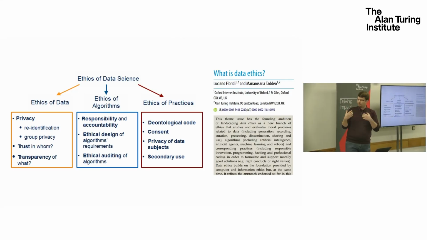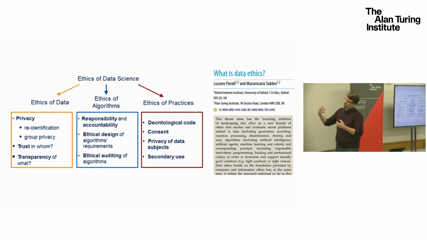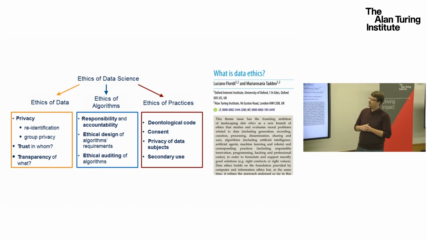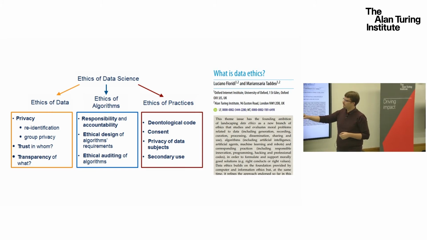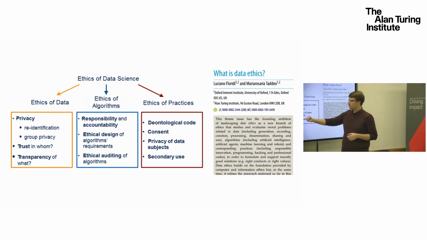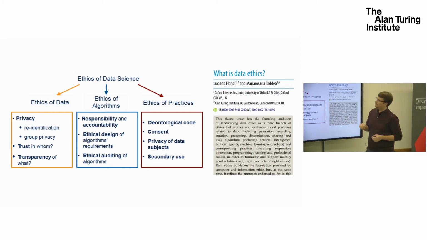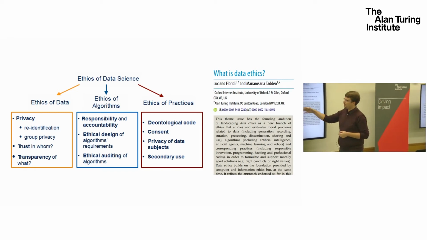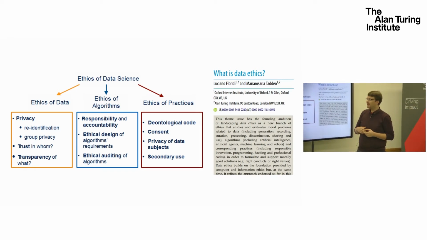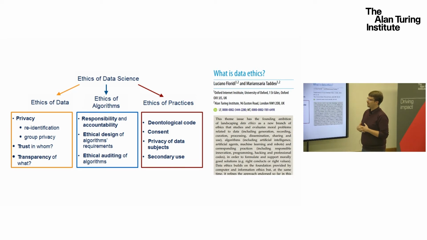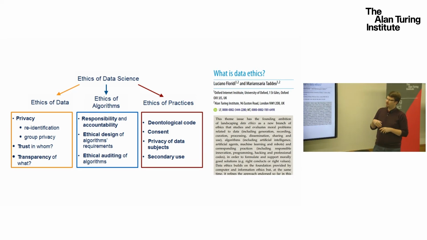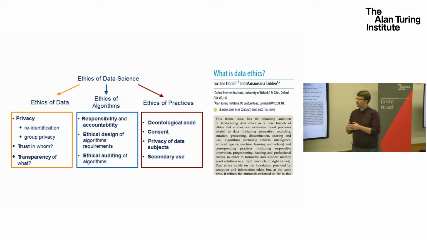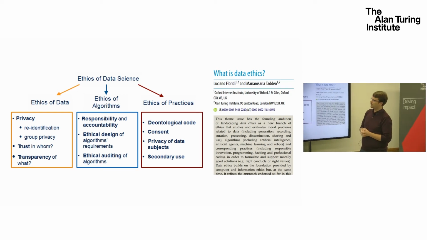Now, a more formal approach to that would be this picture on the left, which gives you some idea of the sorts of concerns that we look at within these three different branches of data ethics, or the ethics of data science. So in the ethics of practices, we might be looking at how deontological codes of behavior are changing. We might be looking at how consent changes as you're able to repurpose data, potentially without input from the patient.